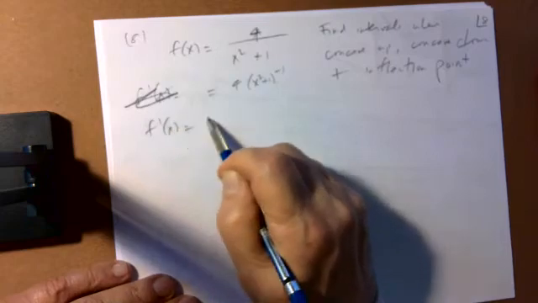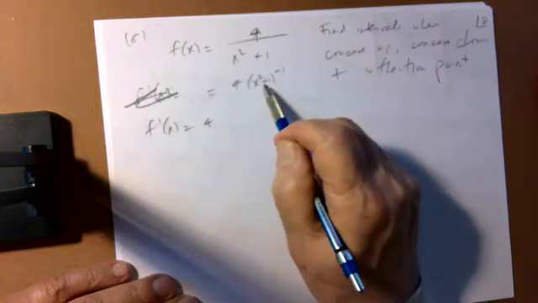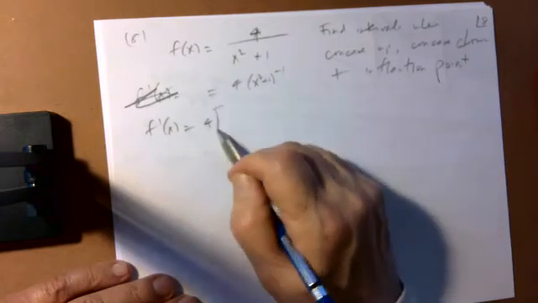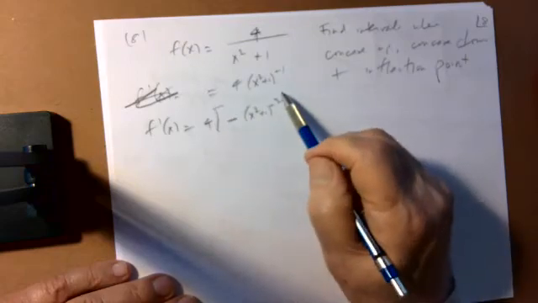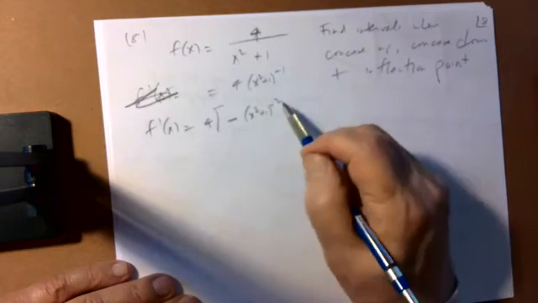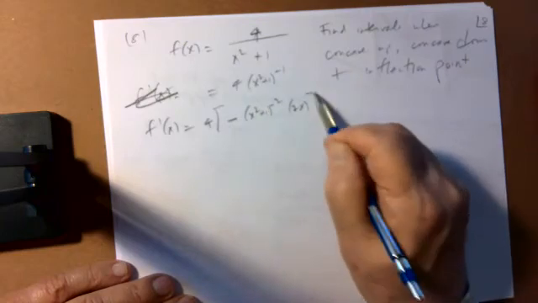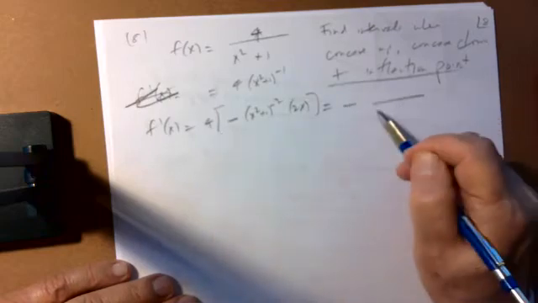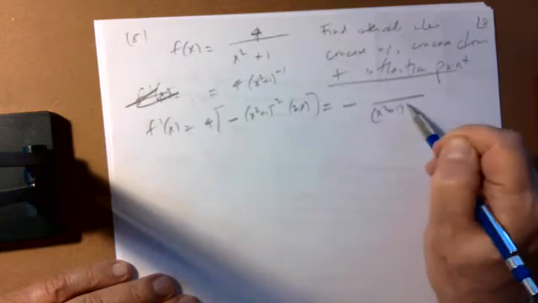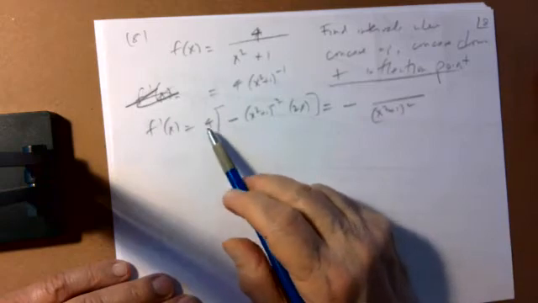So f prime of x is 4. The derivative of x squared plus 1 to the minus 1 is minus x squared plus 1 to the minus 2 times the derivative of x squared plus 1, which is 2x. So this is minus, I have x squared plus 1 squared in the denominator, minus 8x.